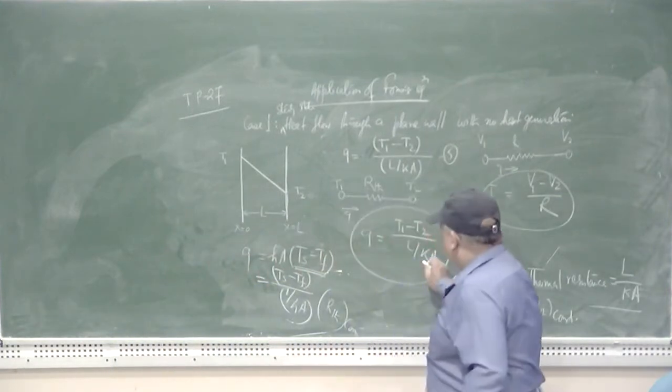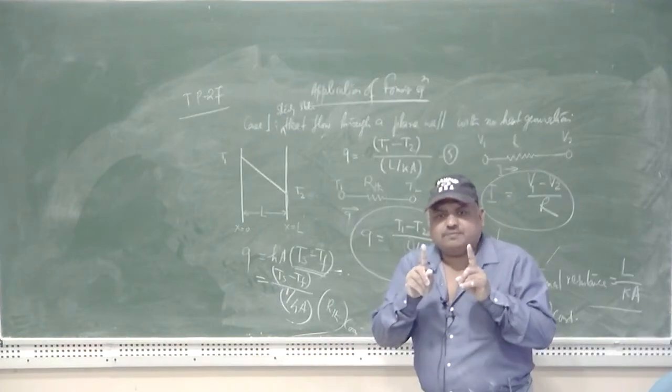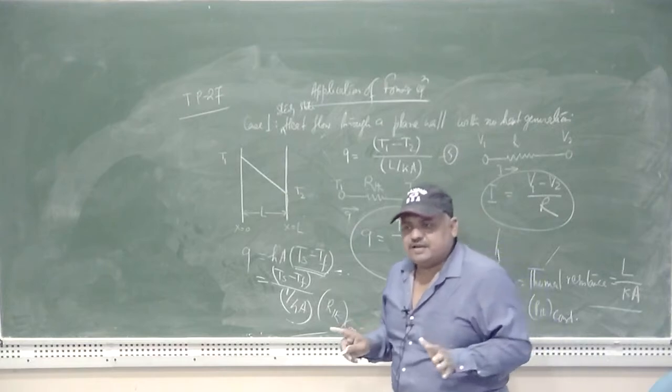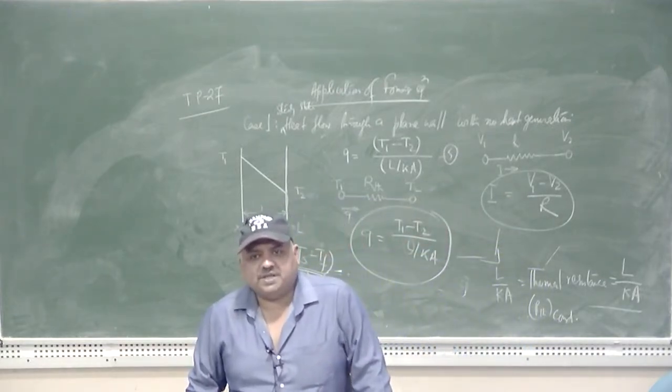Knowing the thermal conductivity and area, you can easily arrive at what should be the thickness of the refractory lining in an industrial furnace. This is the practical application of such type of special cases of Fourier law.